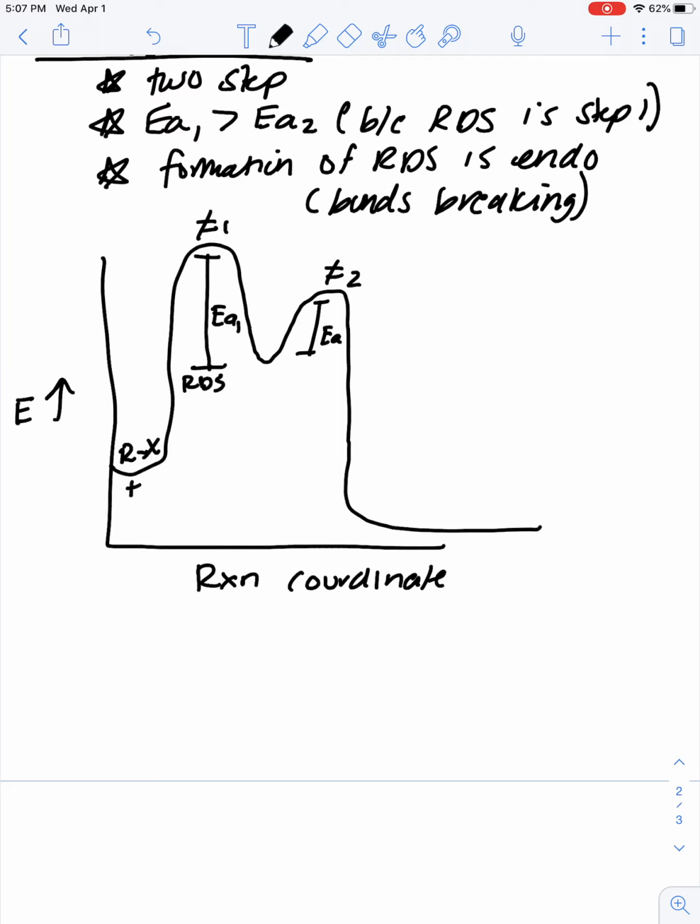Here is where we have our substrate plus our nucleophile, so what we're starting with. In this position, we have our carbocation plus our leaving group plus our nucleophile. So again, this is where our carbocation intermediate is.